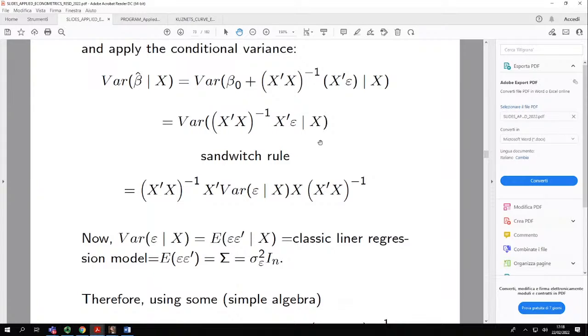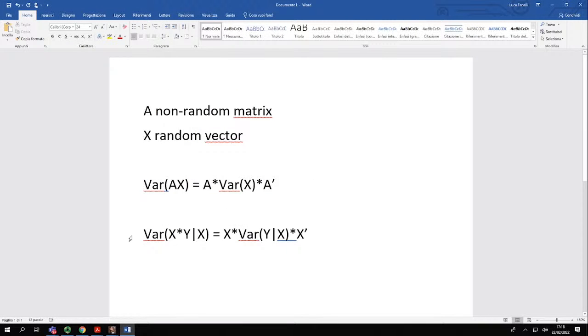When you condition, it's still a random variable, but since you are conditioning, you can treat it like a constant. You can take this rule as the leading one.